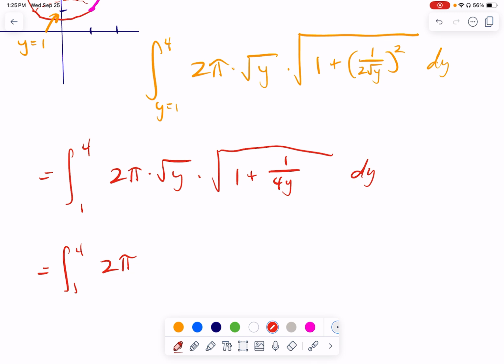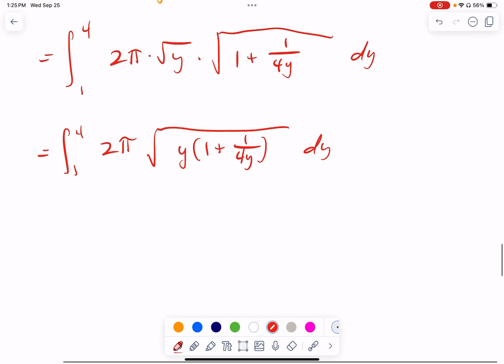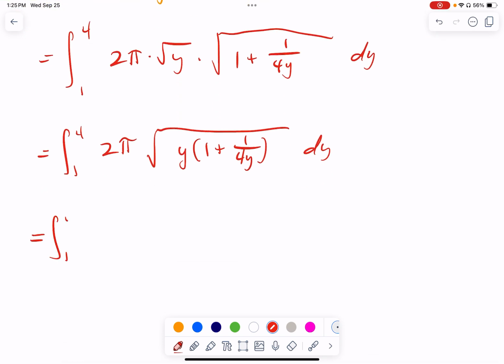We're allowed to do that with multiplication and division, not with addition and subtraction. So we have the square root of y times 1 plus 1 over 4y. And if we distribute, we have y plus 1/4.